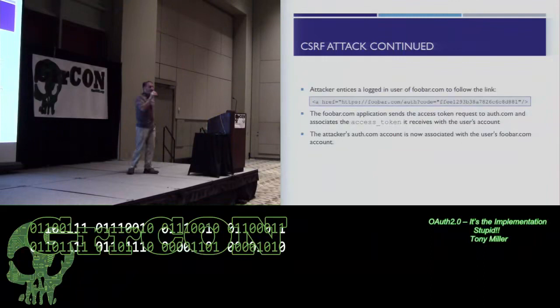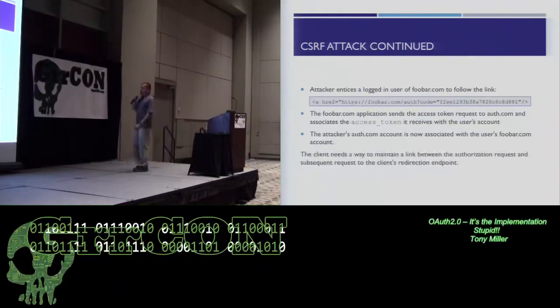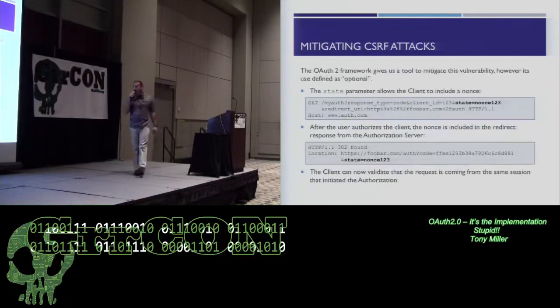You better believe it. Not cool. Not cool stuff. So, what do we need? We need a way for the client to be able to associate that original authorization request with that subsequent access token request. Now the good news. I mentioned it before, OAuth actually gives us a way to do that. It's this cool little tool I mentioned before. It's the state parameter.